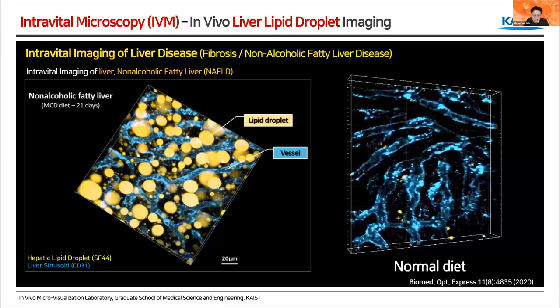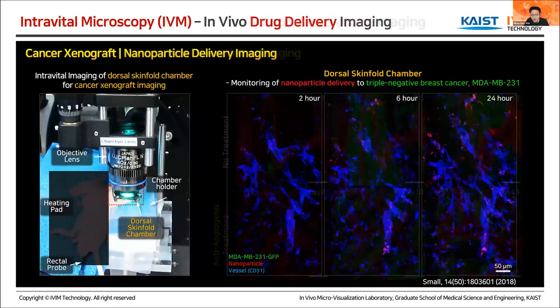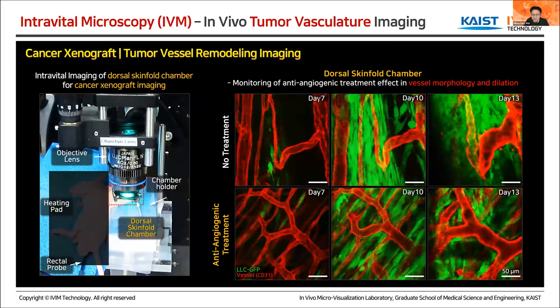To find the exact same location at different time points, like in this example, a 3-day interval, we image it, let the mouse recover, and then try to find the same vessel 3 days after. To do that, we definitely need this imaging window. Without an imaging window, every time we need to make a surgical procedure to expose the tissue, and every surgical procedure will be different. So it's difficult to find the same location without the imaging window.